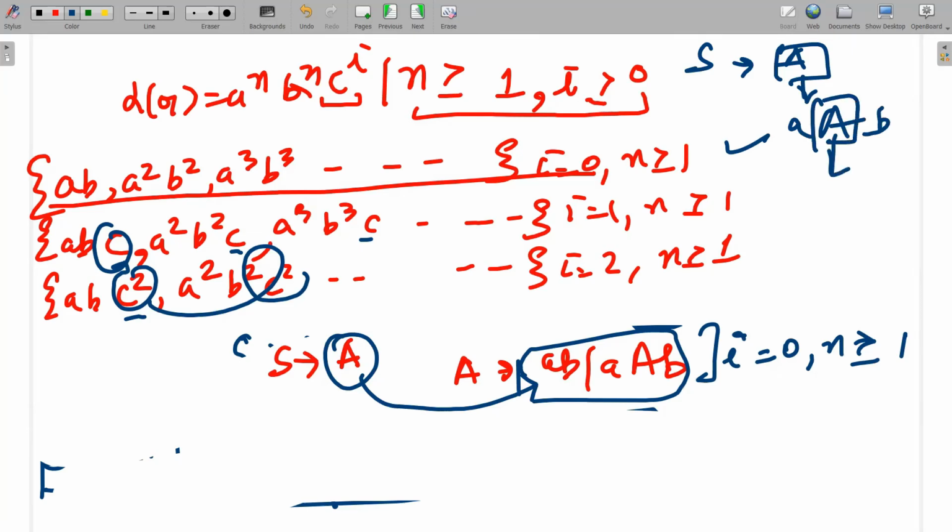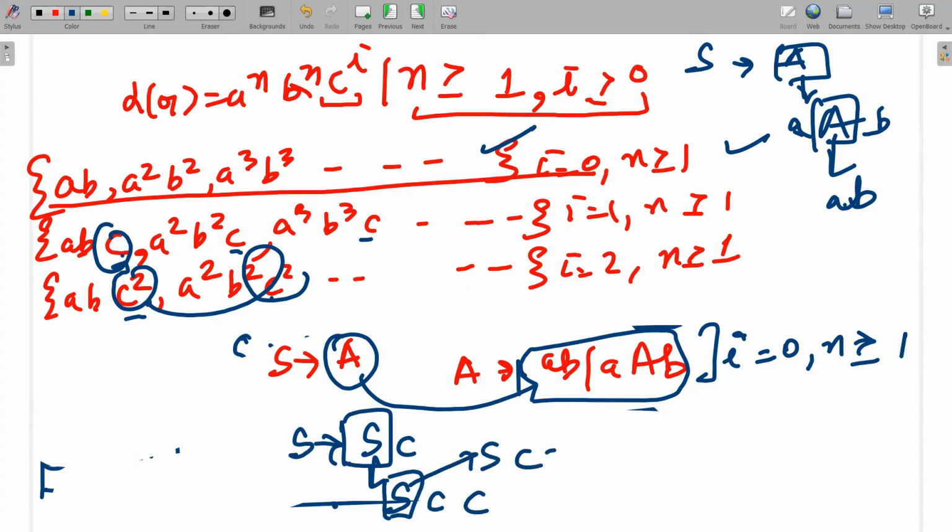If this A is terminated with AB, it will give us double A double B. So we will get this particular string. Now I can also write S generating SC. Why? Because you see over here, CC, CCC, these values, and S generating SC generates again SCC. It can also generate SCCC.